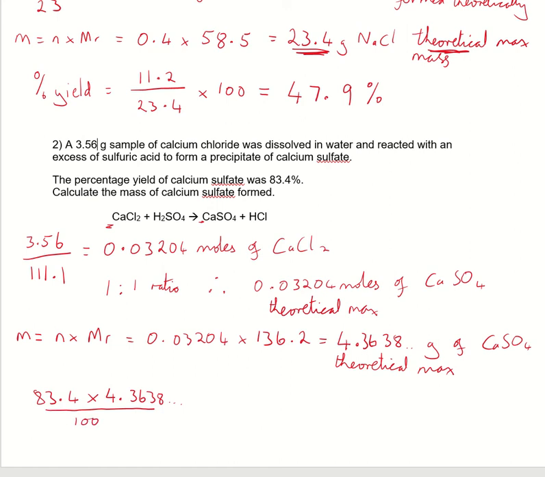You may be thinking, yeah, all I've done is I've just basically converted that percentage to a decimal on the multiplication. You are correct, that's fine. And then just multiplying it by this, because all I'm essentially looking for is what's 83.4% of this number. So now if I type that in on the calculator, 83.4 divided by 100 times 4.3638, since I've lost the rest of it, 3.64 grams, rounded off.